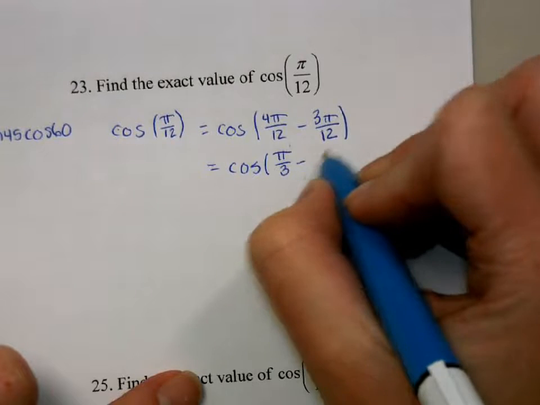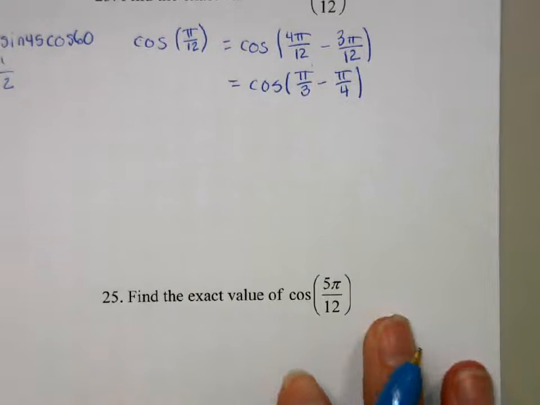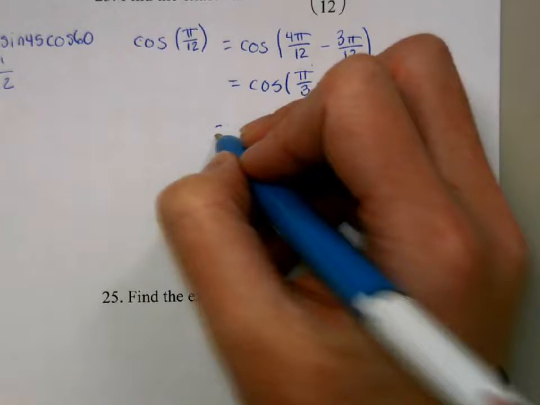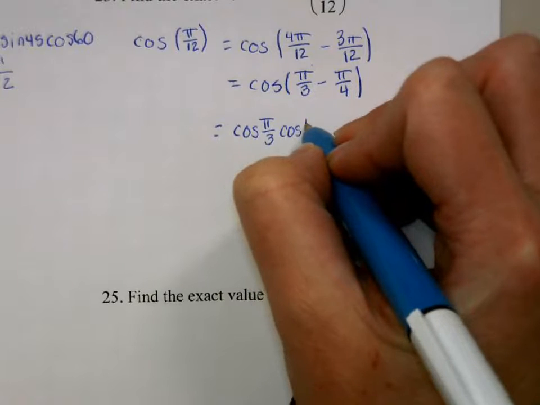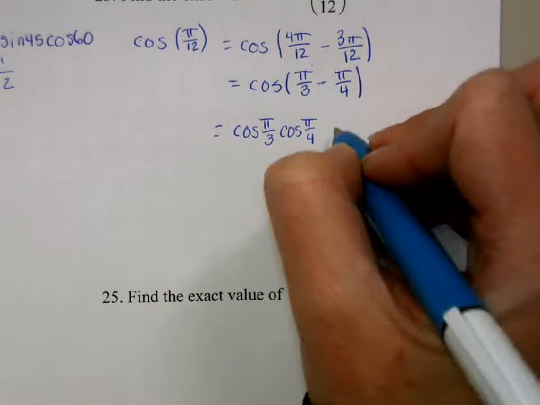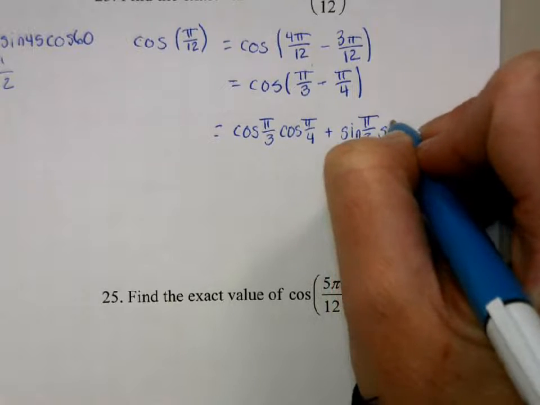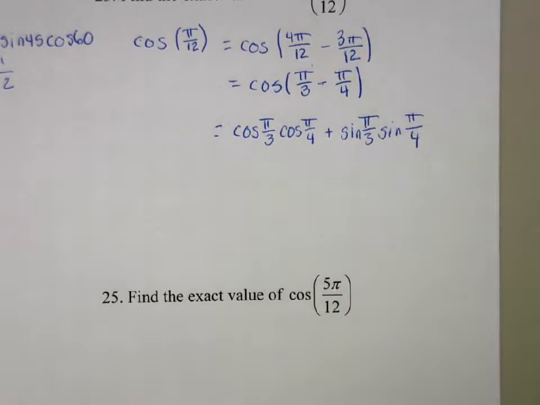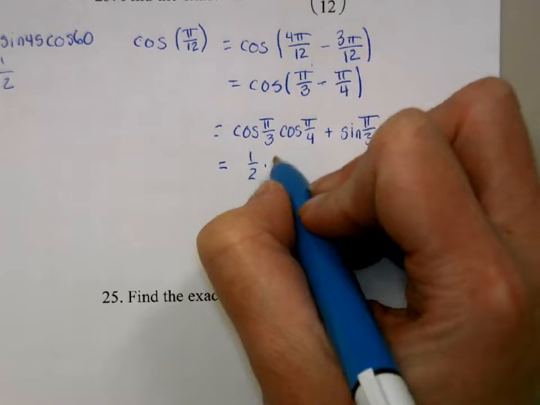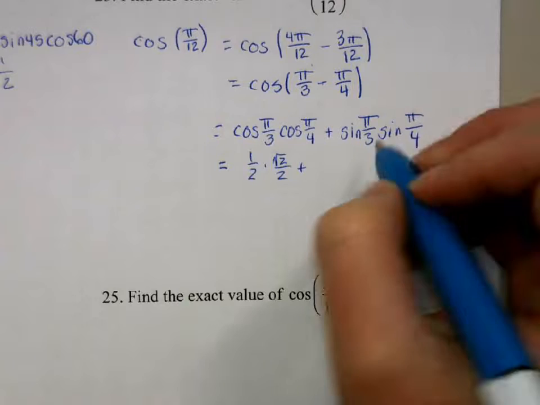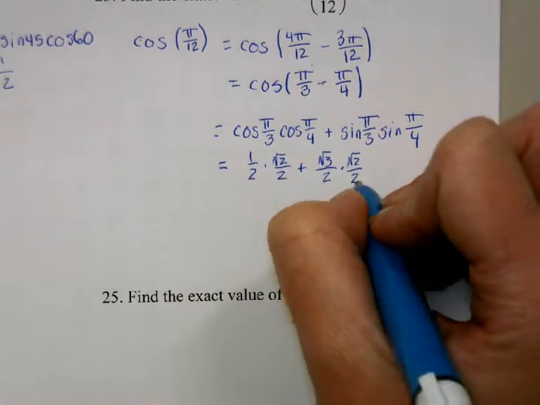Then we'll expand using the identity. So cosine pi over 3, cosine pi over 4. If this is minus, this is plus. Sine pi over 3, sine pi over 4. This is 1/2 times root 2 over 2 plus root 3 over 2 times root 2 over 2, which will give us root 2 plus root 6 over 4.